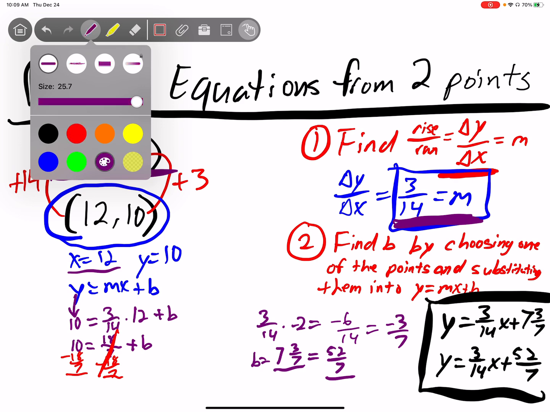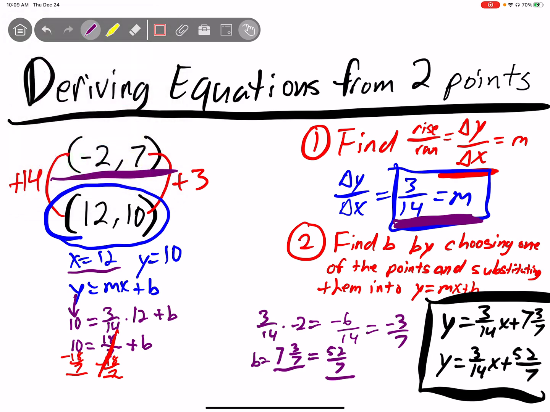So if I have 18/7, 10 is the same thing as 70/7, and 70 minus 18 is 52/7. Equals b. Okay, so I ended up with the same thing.